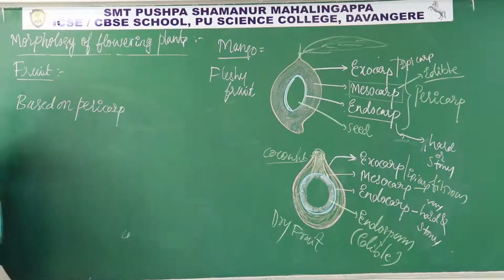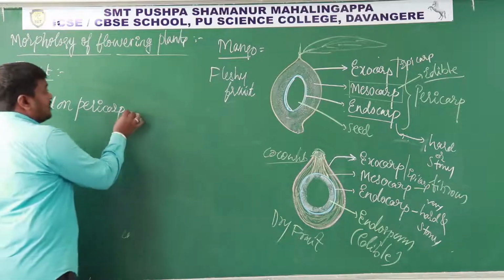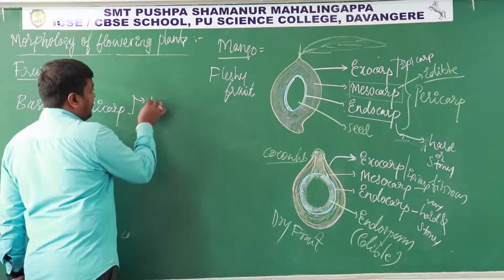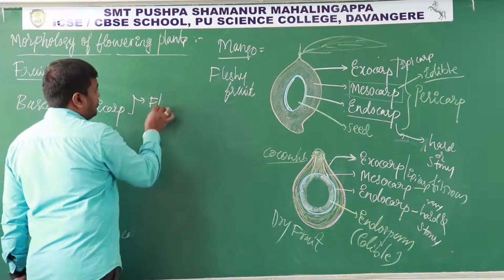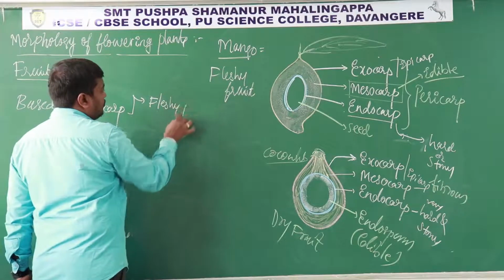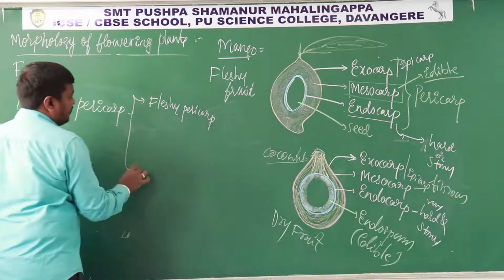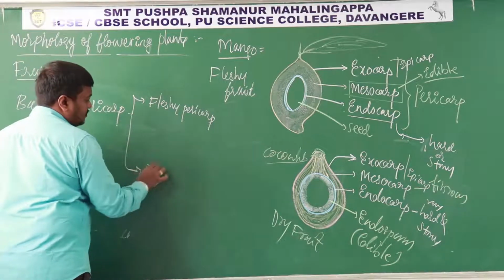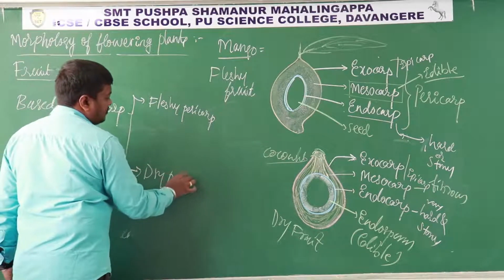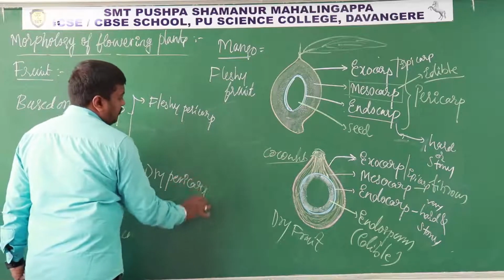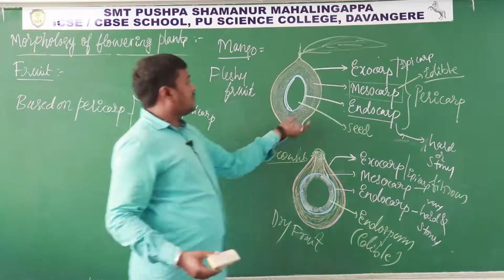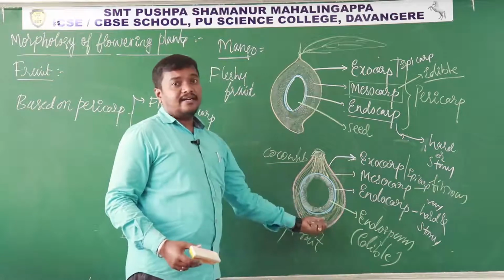Based on pericarp, whether what kind of pericarp it has. If it has fleshy pericarp, or if it has dry pericarp. You can see here it is fleshy pericarp, here it is dry pericarp.